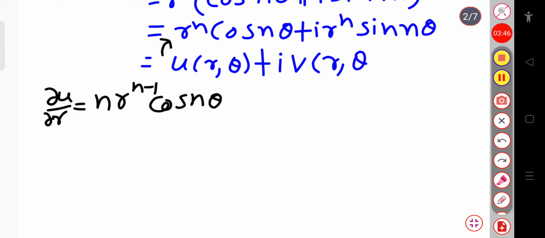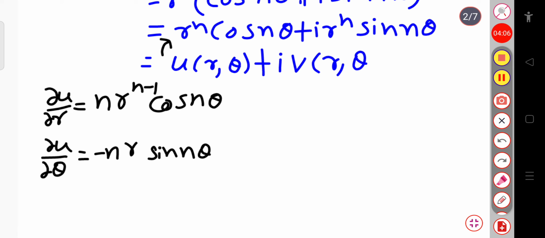Similarly taking dou u by dou theta, the derivative of cosine n theta is minus n sin n theta, and this r power n term remains as it is. So I am writing here minus n r power n into sin n theta.